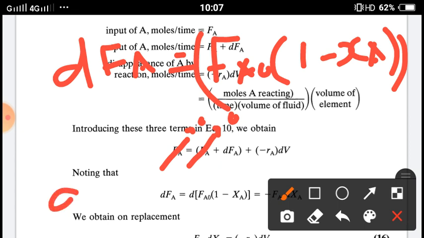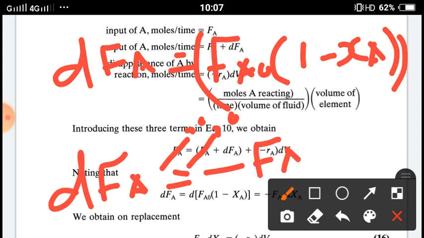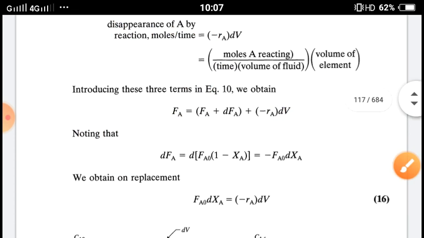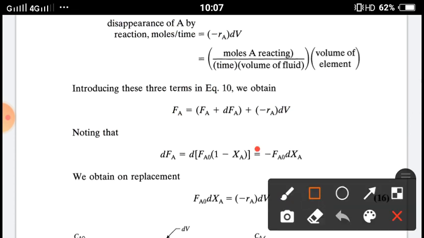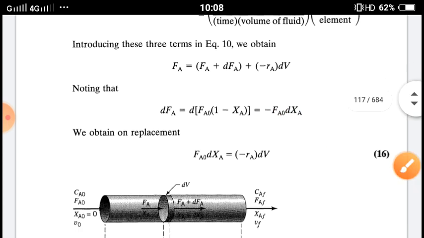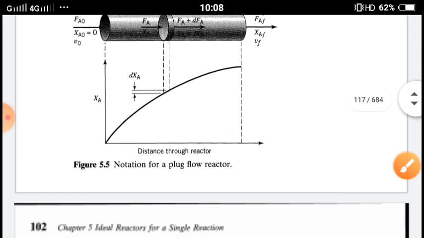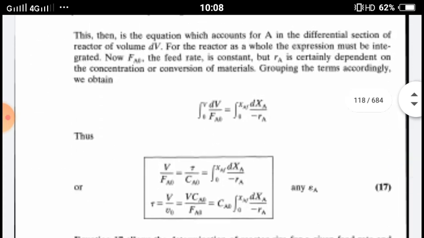The final dFA is equal to minus FA0 into dXA, as you can see over here. Then we will put it into the equation, and our final equation will look something like this.